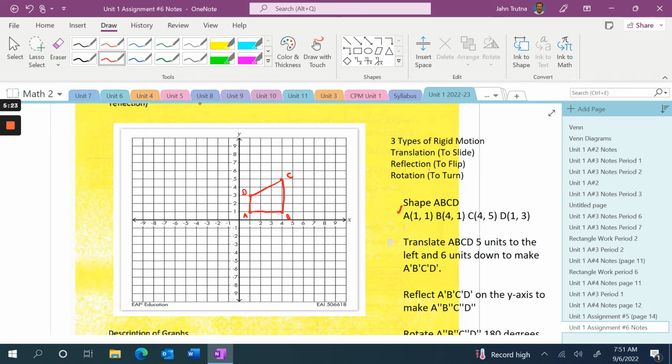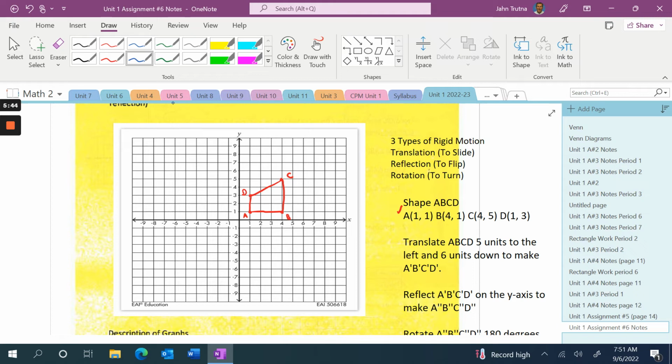Now we're going to do our first rigid motion, which is translate. So translate means to slide. So we're going to slide this shape 5 units to the left and 6 units down to make A prime, B prime, C prime, D prime. Okay, so let's do 1 point at a time. So let's start at point A. We're going to slide it 5 units to the left.